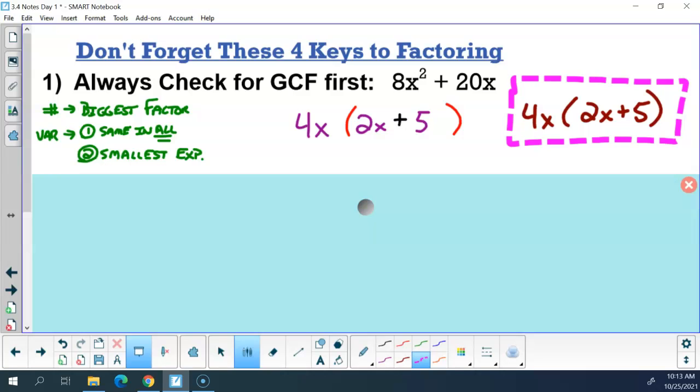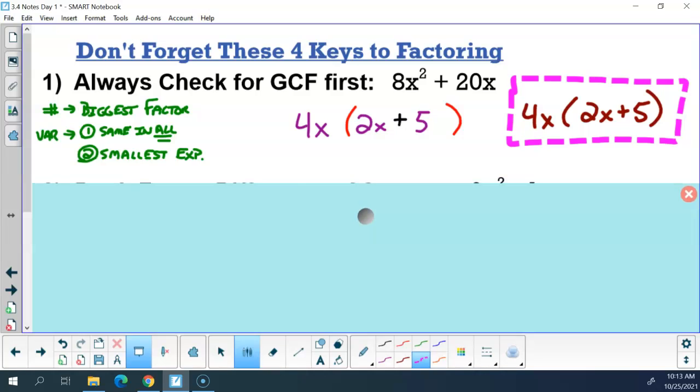Or not term, my GCF expression. Factor. So that's the first one. Every single time you should check to see if you can greatest common factor first.